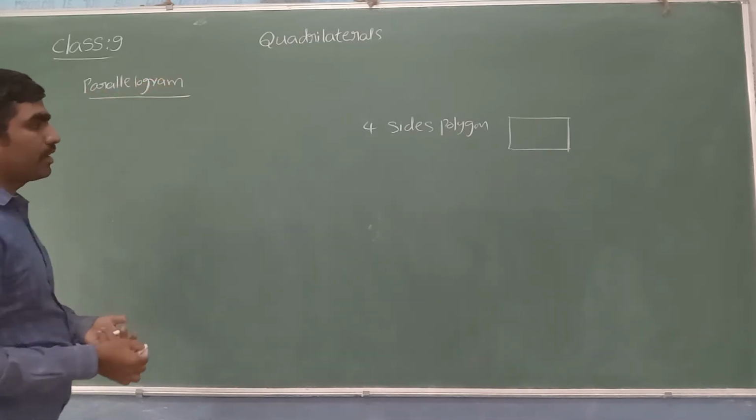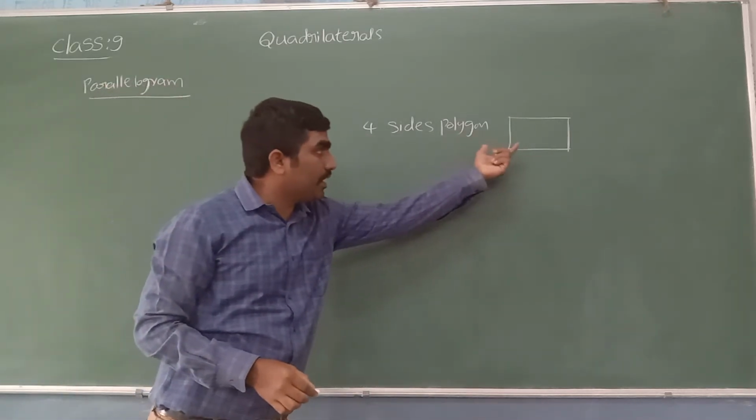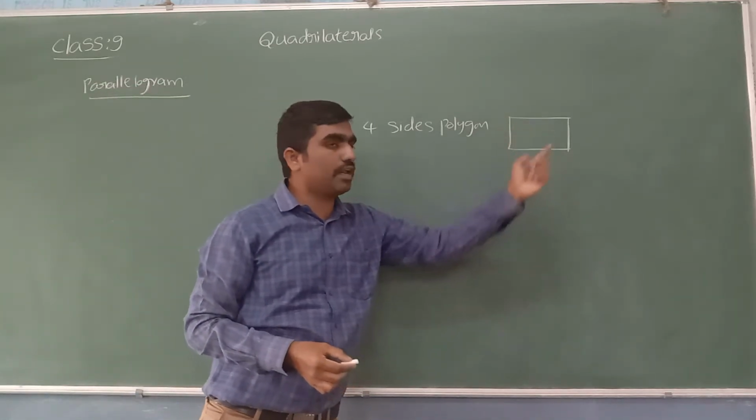What is meant by parallelogram? When can we say that a quadrilateral is a parallelogram? Sir, a quadrilateral is said to be a parallelogram when its two pairs of opposite sides are parallel.